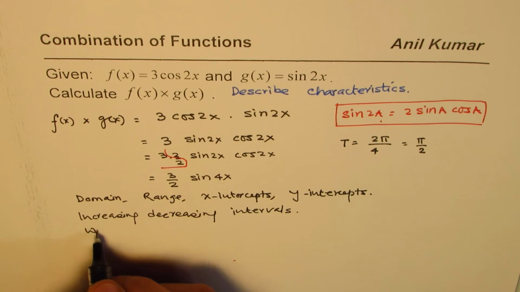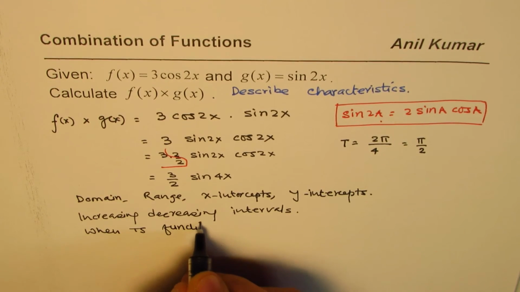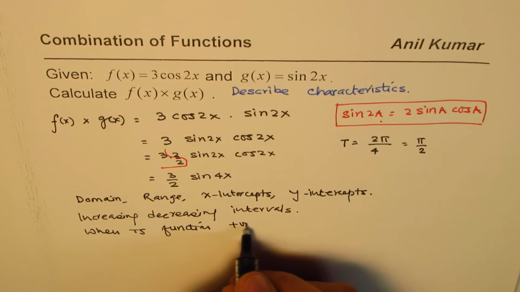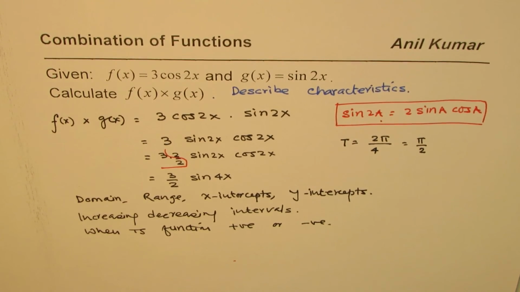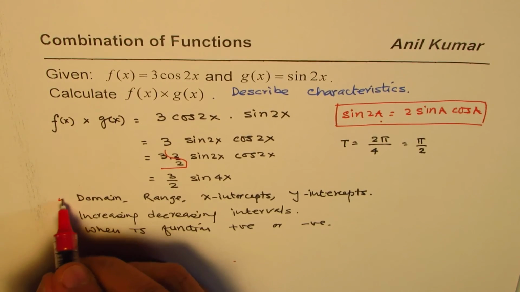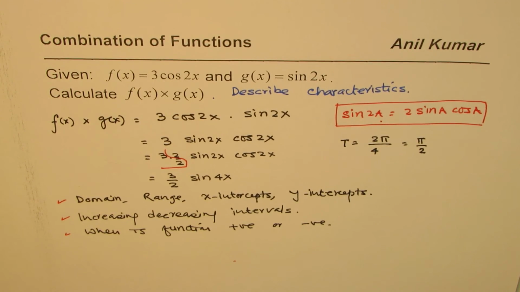Also, when is the function positive or negative, right? So those intervals. So these are some additional characteristics which you could look into once you've simplified, right? So you may have to review some characteristics of sine waves to answer these, but they're not very difficult.